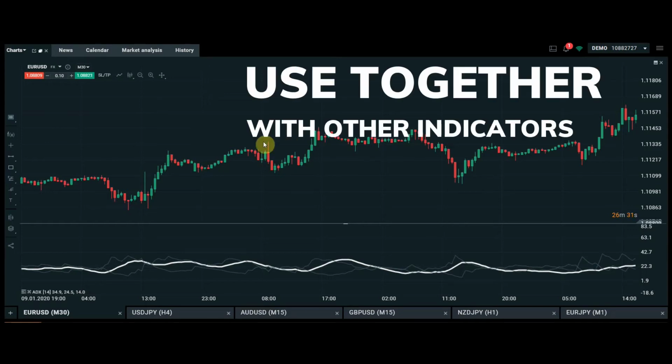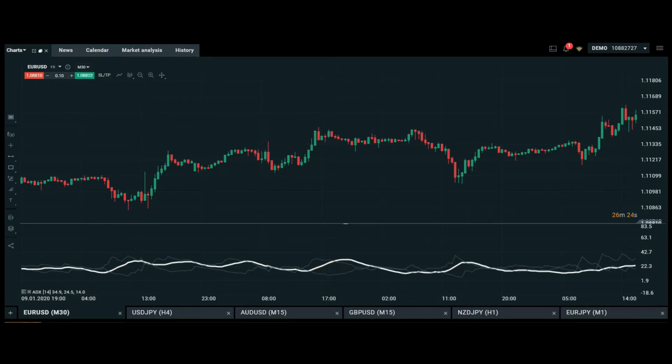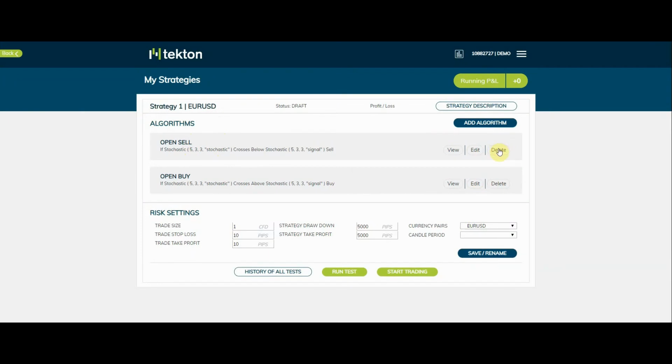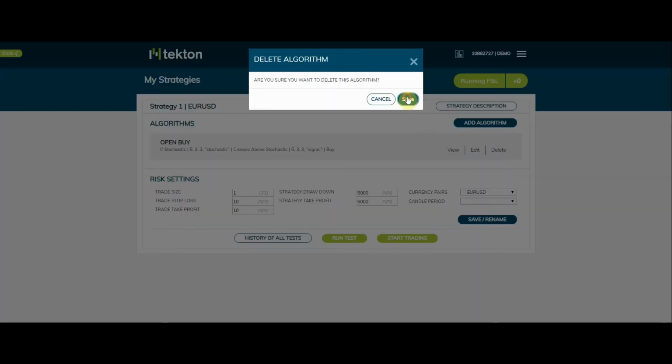You can use the ADX in conjunction with other indicators to give you a little bit more clarity. So let me show you how to build something. Let's look at using an RSI. So let's delete that one and delete that one.